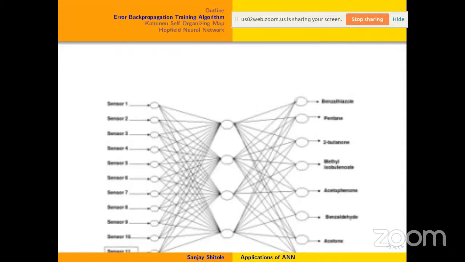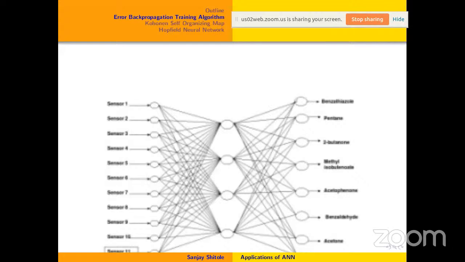What is desired? In this data set, in the first pattern, we have, let's say, 11 values, and at that time 8 values are in the desired vector D. This is for the first patient, and this database is stored in a spreadsheet.